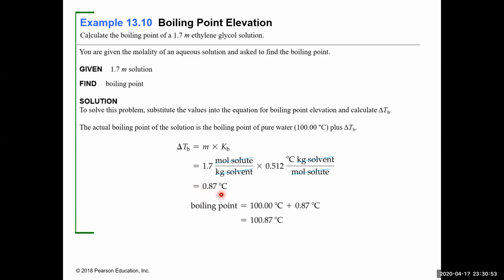This is called boiling point elevation, which means that the boiling point has now increased. So if it has increased by 0.87 degrees Celsius from 100 degrees Celsius, our new boiling point of this solution is 100.87 degrees Celsius.